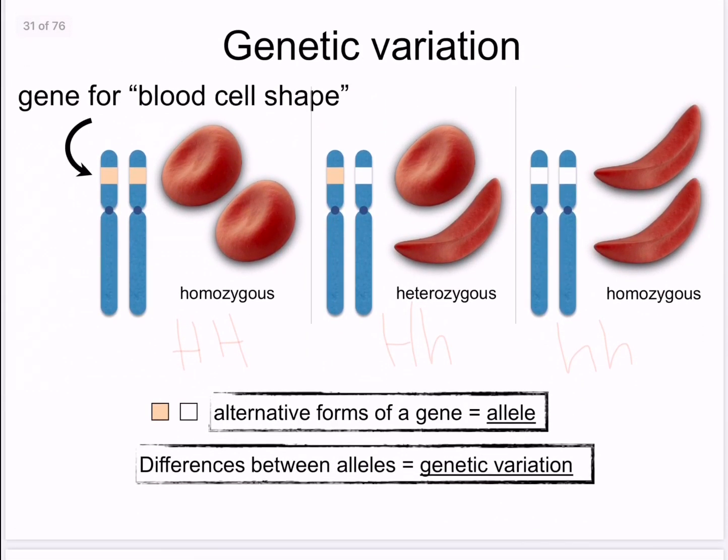And you must know that an allele is an alternative form of a gene, whereas differences between alleles can ultimately lead to genetic variation. And what I've written here is homozygous dominant, heterozygous, and homozygous recessive.